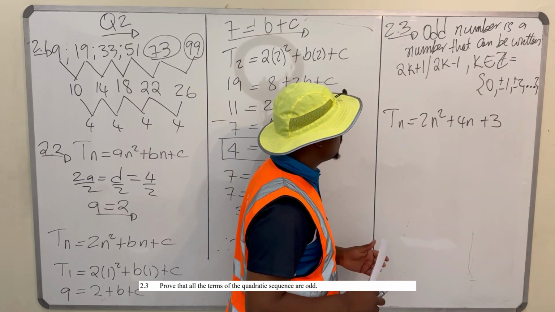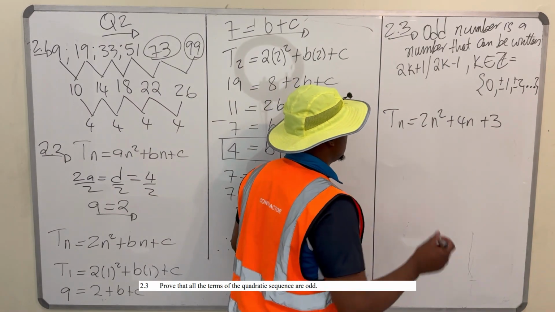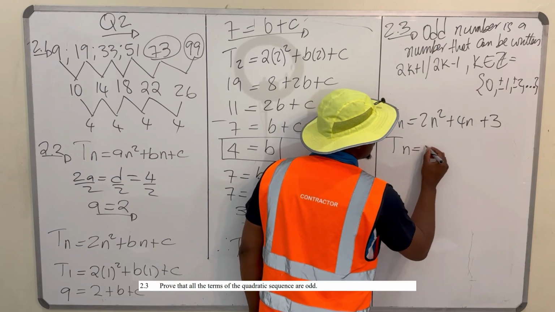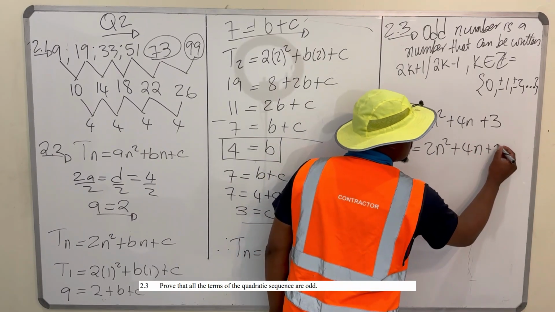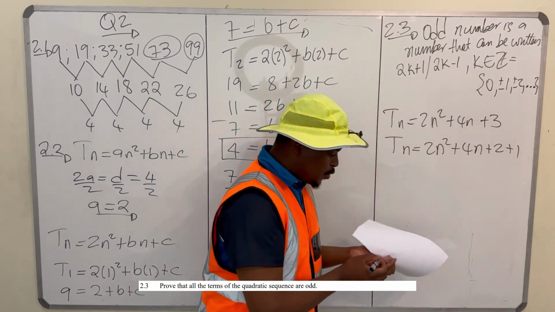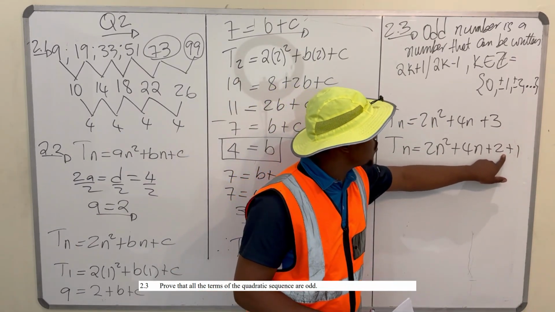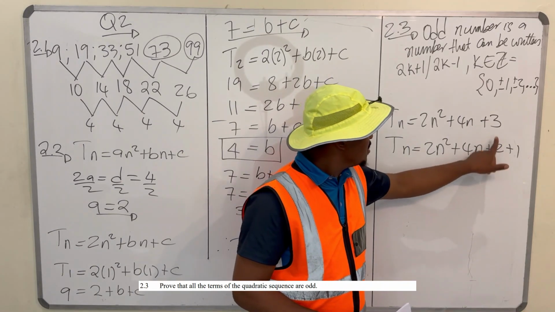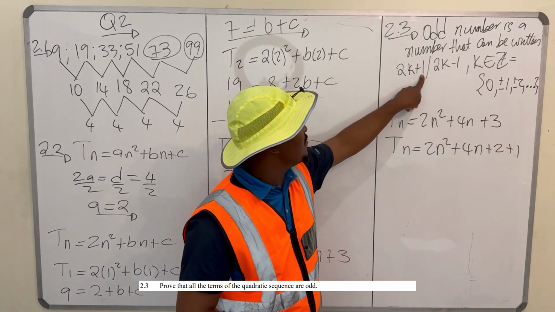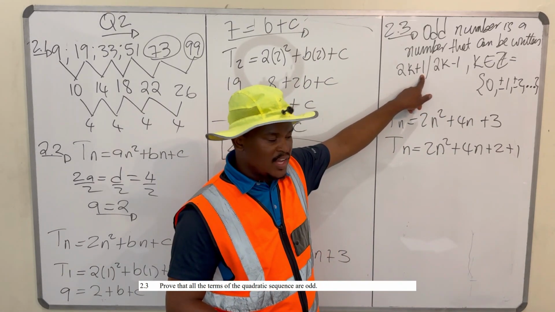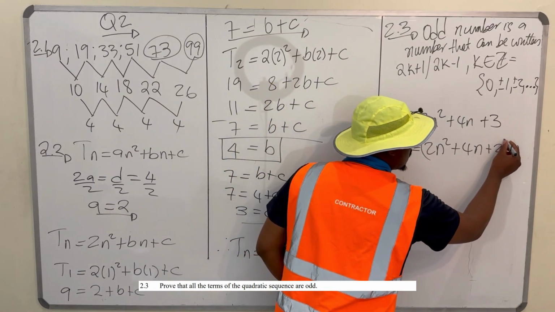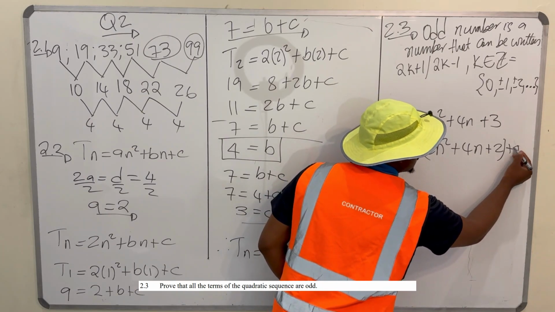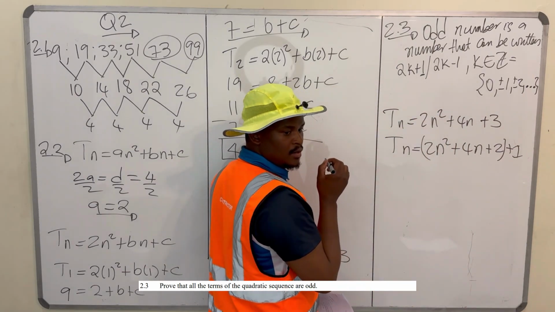What I can do is write Tn equal to 2n squared plus 4n plus 2 plus 1. We decomposed this 3 into 2 plus 1 because we're trying to have something similar to this. So after having that, we can group these and isolate the 1 so that it looks similar to this one.